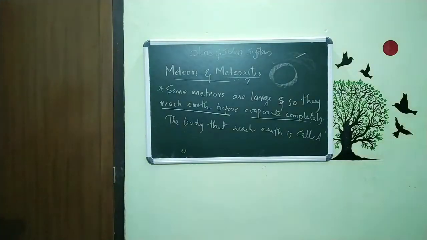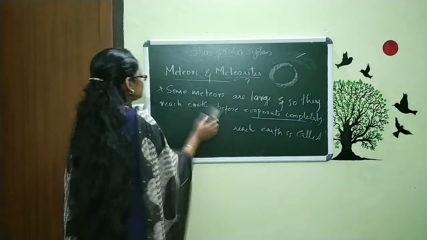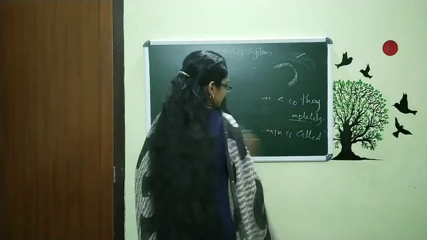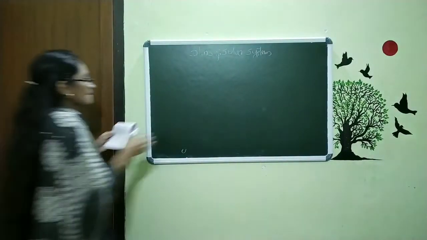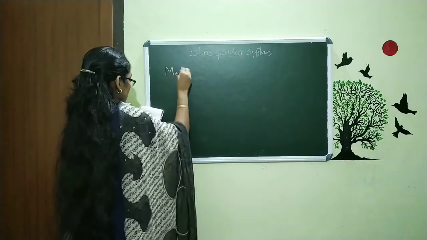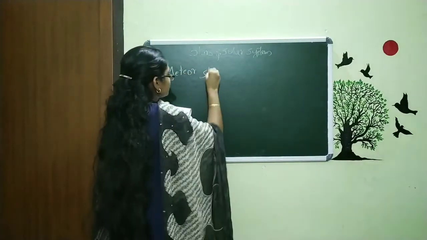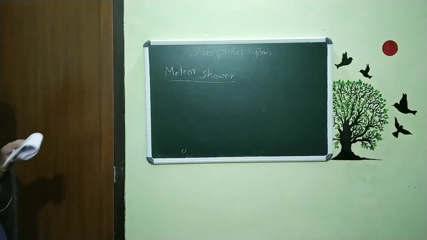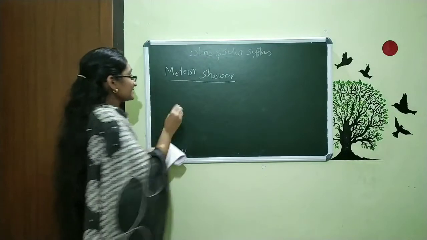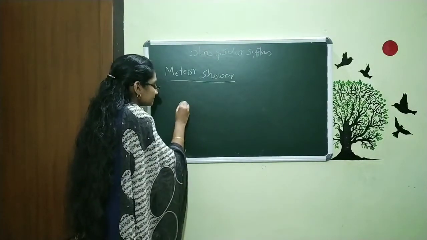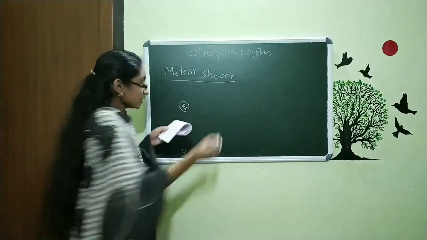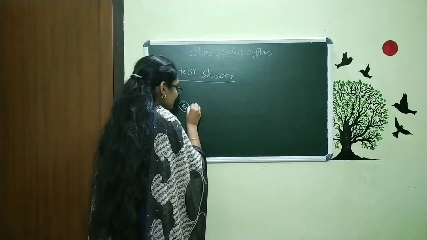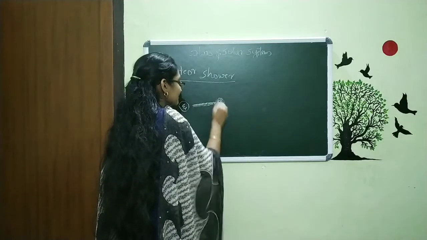This topic is over, and in your textbook you can also see one more thing: meteor shower. What is a meteor shower? This is very simple. When the Earth crosses the tail of a comet, a comet has a tail and a head.